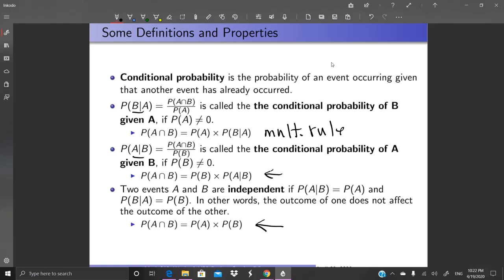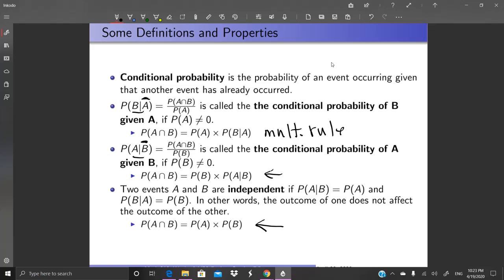So always the probability of their intersection, and it's always divided by the probability of the one that shows up on the right of that bar, right? So in this case, it's the probability of A that shows up at the bottom, and in this case, it's the probability of B that shows up at the bottom. It's kind of a way of remembering it.